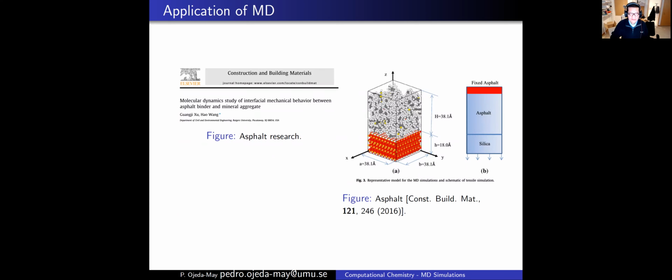In the civil engineering area, there are also potential applications like this here with asphalts. Asphalts are challenging because they are a matrix of different compounds, and one needs to do some realistic simulations on these systems, right?